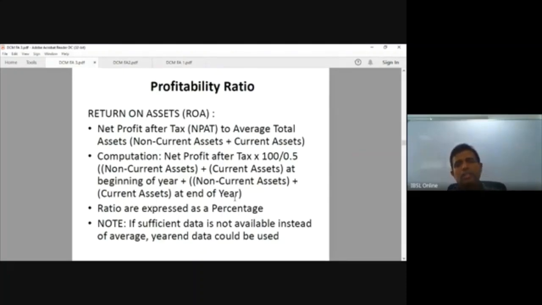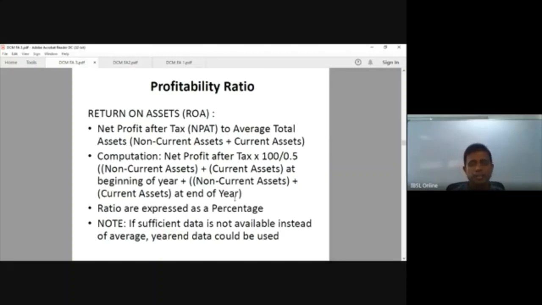Therefore, the return is not that much higher compared to assets. They have 1 trillion in assets, but only about 10 to 20 billion profit. Therefore, their ROA may become 1% or 2%. That's why banks have very low ROA compared to other companies.